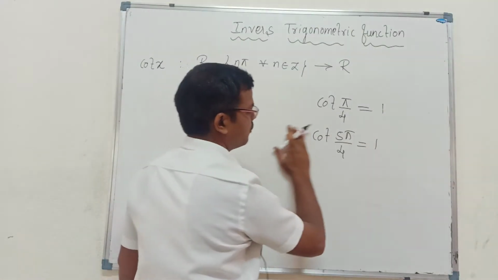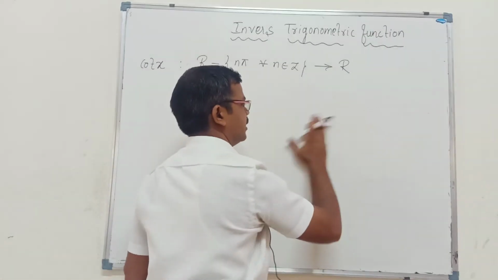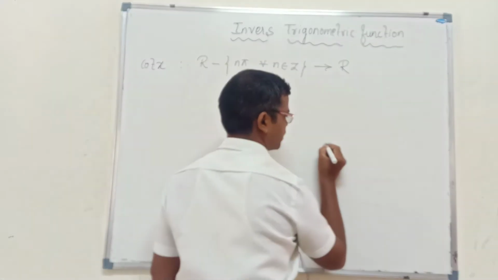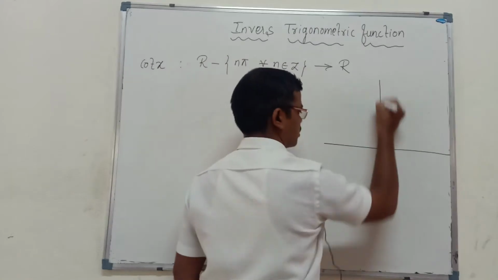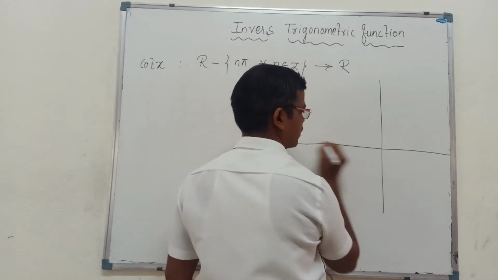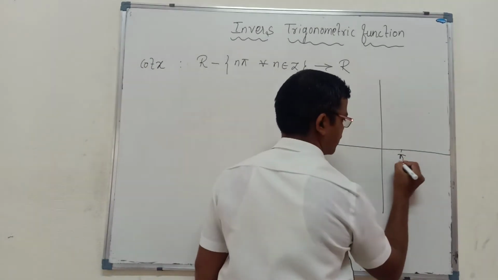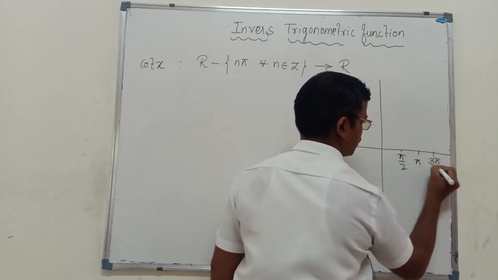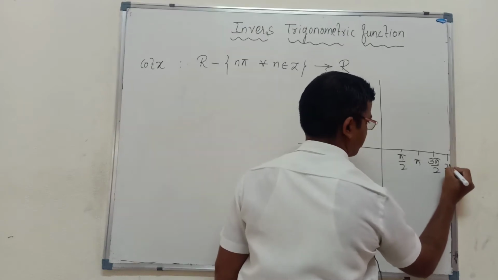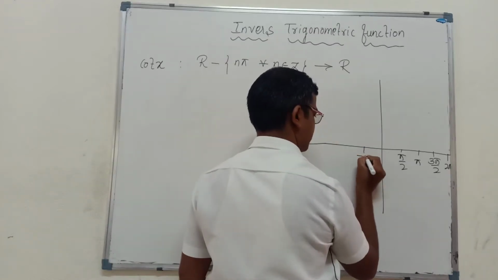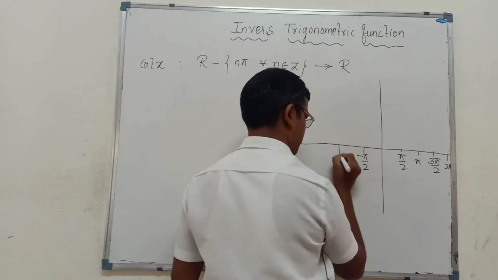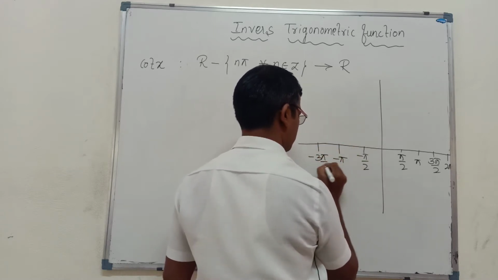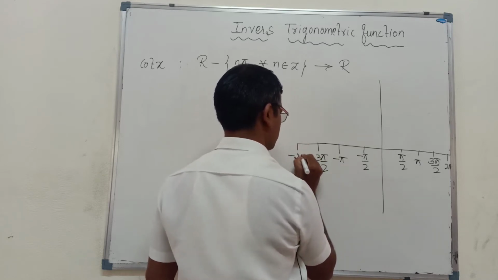So how do we restrict the intervals in the given domain of the cot function? For that we have to draw the graph of the cot function. We already know the graph of the cot function. Let me mark pi by 2, pi, 3 pi by 2, and 2 pi, and next minus pi by 2, minus pi, minus 3 pi by 2, and minus 2 pi.